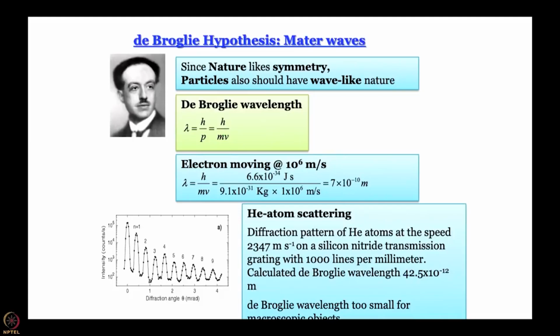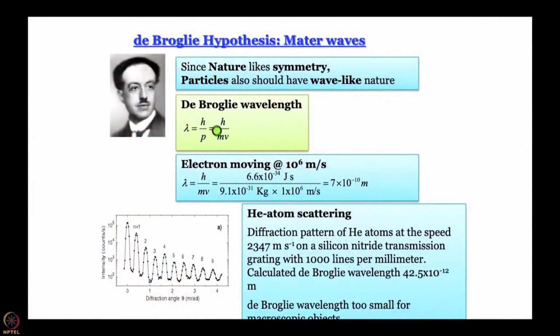In our tutorials, we are actually going to work out the de Broglie wavelengths of things that are very light like an electron, things that are seemingly light like a dust particle, and something that is a little heavier like a cricket ball. When we do that, we will see for ourselves what happens to these de Broglie wavelengths, and that will give us an answer to why we do not see wave nature manifested in you, me, chair, table, all these things.